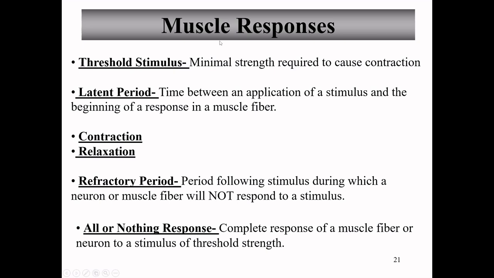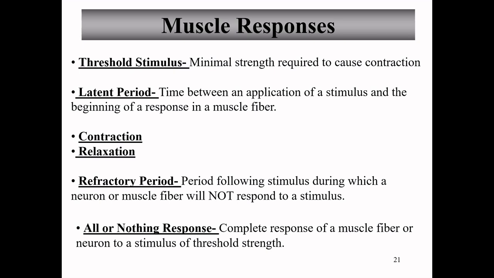What this means is there is a minimum strength that is required to signal a muscle to contract. We have to get to that point. I want to say it's negative 70 millivolts. That's going to be in the next chapter, I think. I don't think it's in this one. Yeah, so we have to hit that. That's our threshold. We have to put that much effort in to get a muscle to contract.